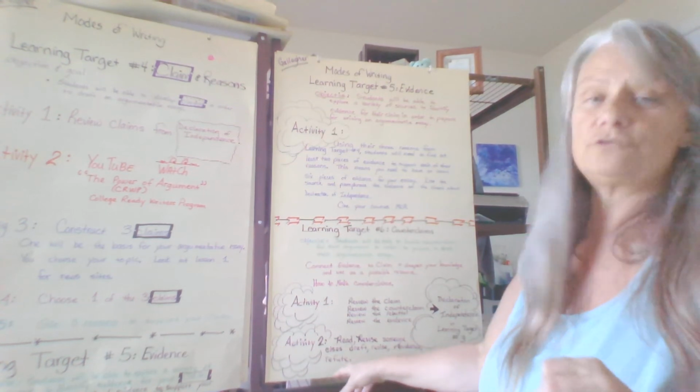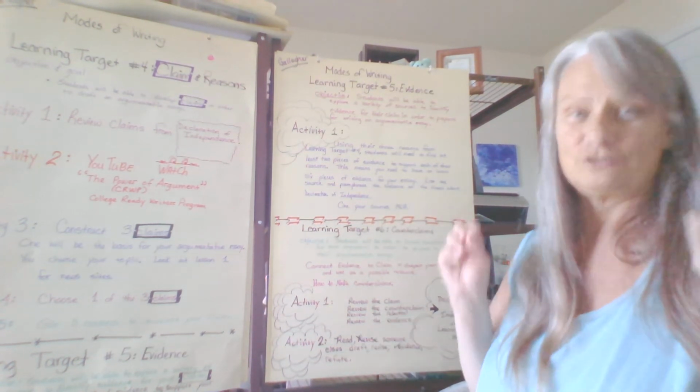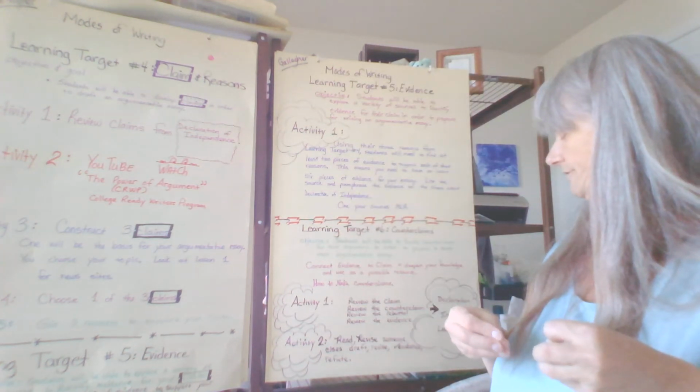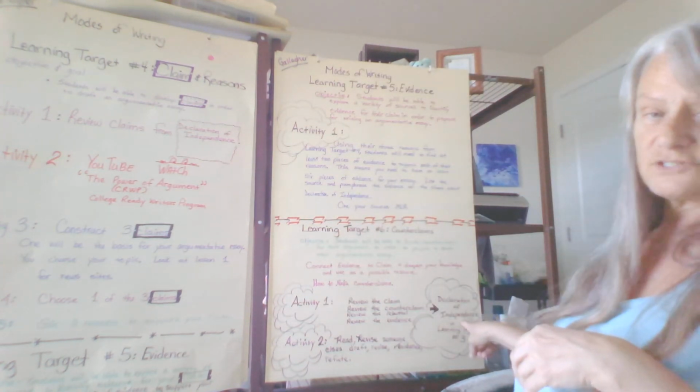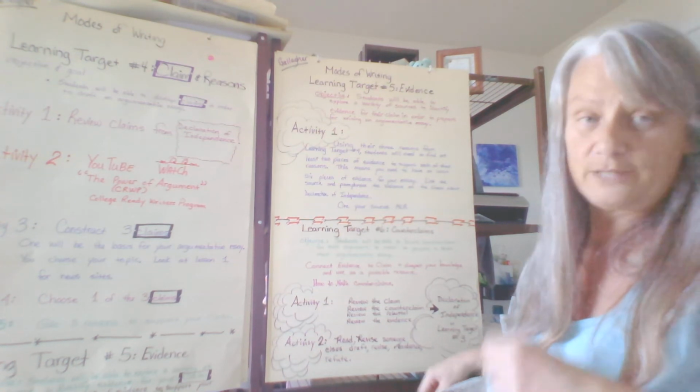Okay, and then refute it. Refute it is your rebuttal. Rebuttal and refute, look them up in your dictionary for the definition, because refute and rebuttal are similar, and it all feeds back to the Declaration of Independence in Learning Target number 3.